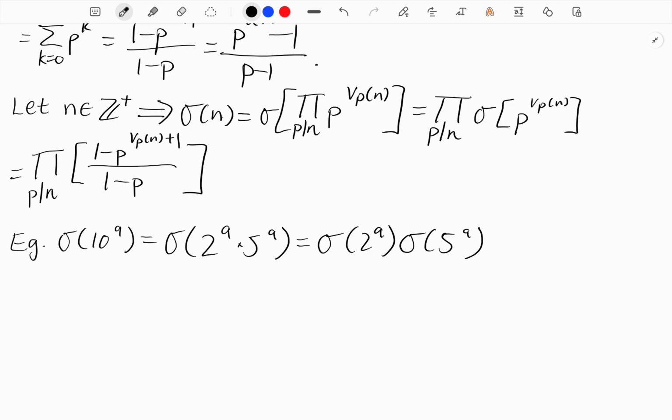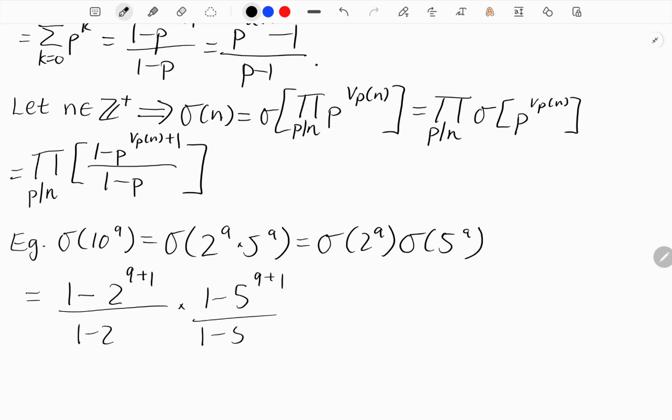So now, for 2 to the power of 9, sigma of 2 to the power of 9, well, what is that? Sigma of 2 to the power of 9 is just 1 minus 2 to the power of 9 plus 1 over 1 minus 2. And then sigma of 5 to the power of 9 is just 1 minus 5 to the power of 9 plus 1 over 1 minus 5.